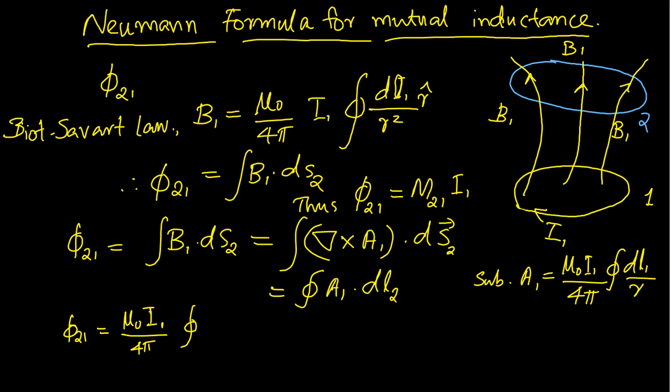It can be taken outside the integral, and there is another integral. Therefore, it is a double closed integral dl1 divided by r dot dl2. Here we substitute A1 with this term.